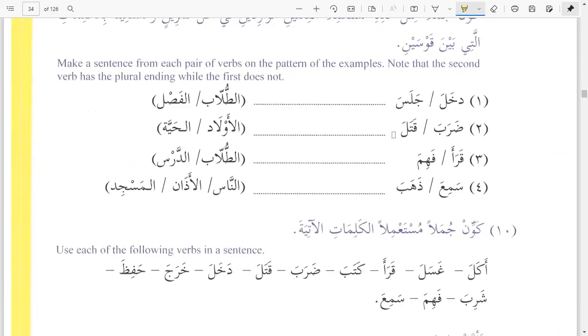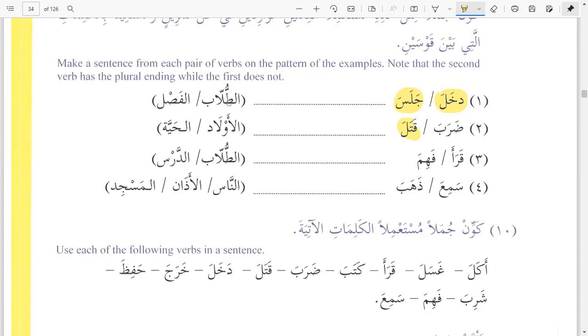And now we have to make sentences. Dakhala and jalasa. We have to use two verbs. When we use the first verb, we use the first form, and when we use the second verb, we use the plural form. Dakhalat tulabu, the students entered.